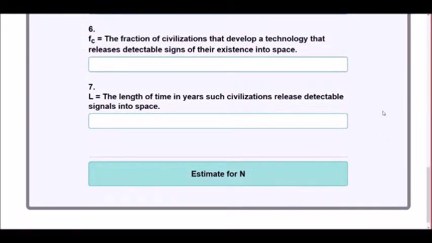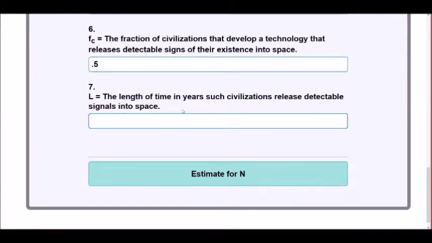The fraction of civilizations that develop a technology that releases detectable signs of their existence into space. Well, if they become intelligent, and they evolve long enough, let's say at least half will be able to release detectable signs of their existence into space.